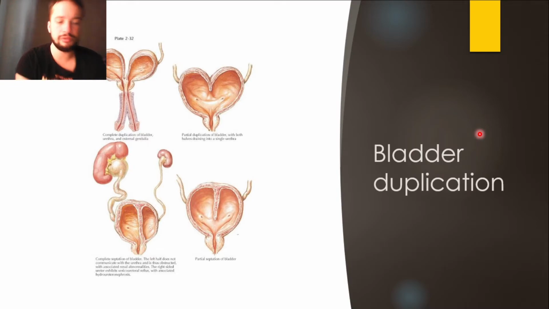Bladder duplication is extremely rare. It can be partial or complete, with the duplication being in the sagittal or coronal plane. In complete duplication, there are two hemibladders usually in the sagittal plane, with the corresponding ipsilateral ureter draining within each hemibladder and in continuation with a duplicated urethra.